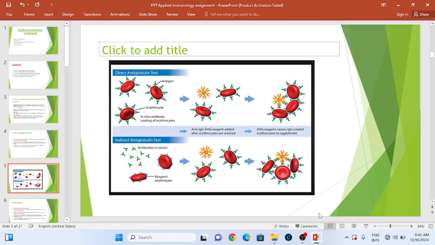We take antibody and bind it to antigen and there is no agglutination. For agglutination, maybe that antibody is hidden, like IgG. So to confirm whether that antibody is there or not, we add antihuman globulin, or AHG, to see if we can find agglutination. That process is called the indirect antiglobulin test.